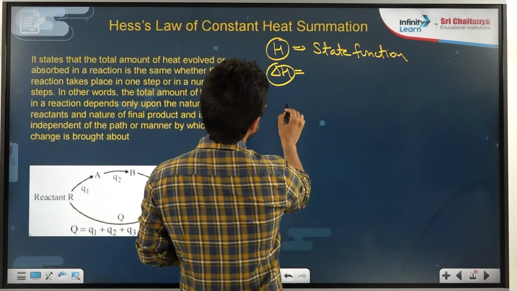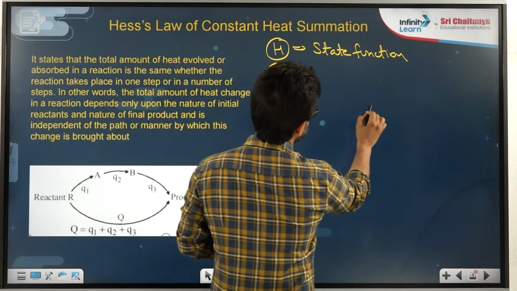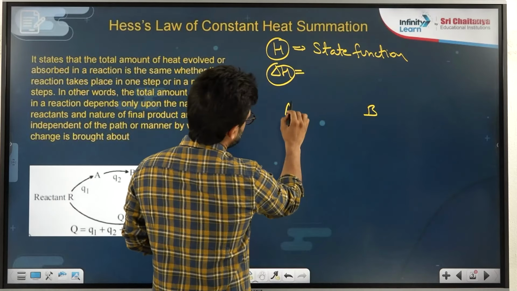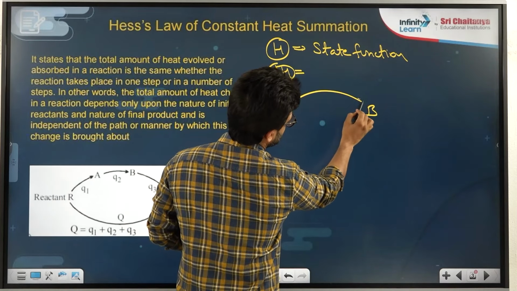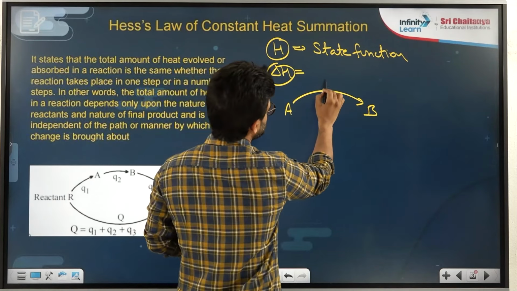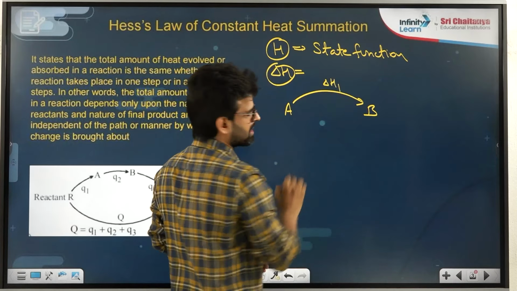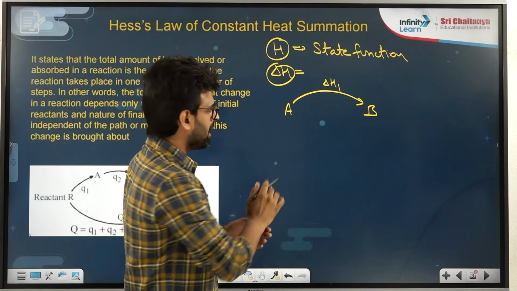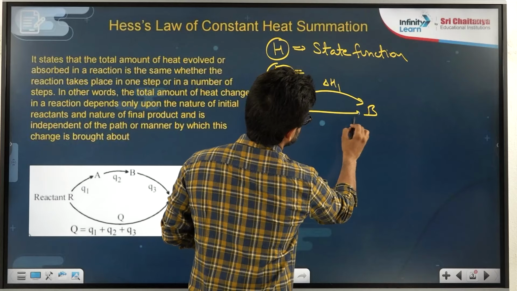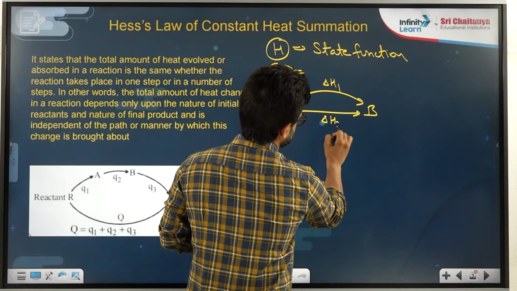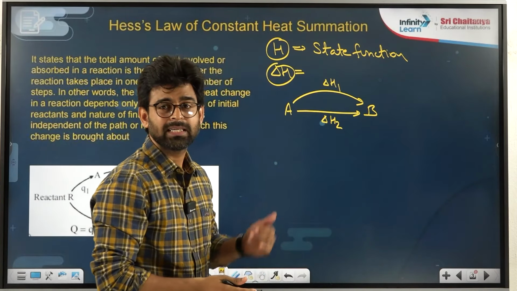So if I am going from point A to B, this is point A, this is point B, right? I can go by this path. Imagine in this case the enthalpy change is delta H1, right? I am going from A to B using this path.